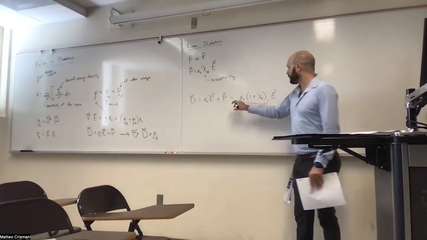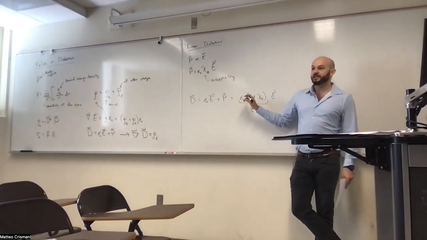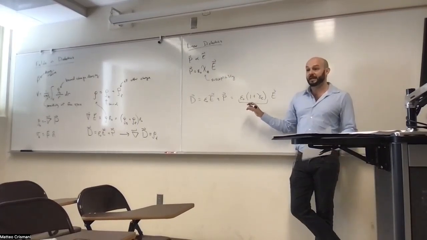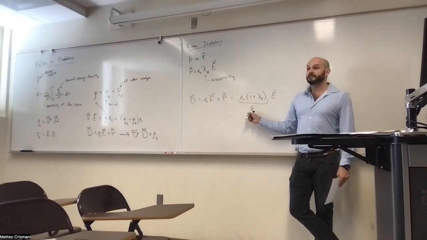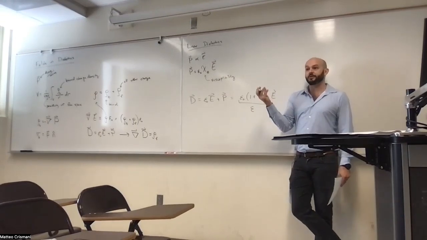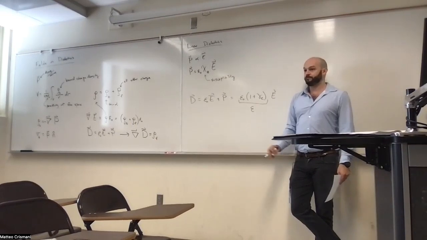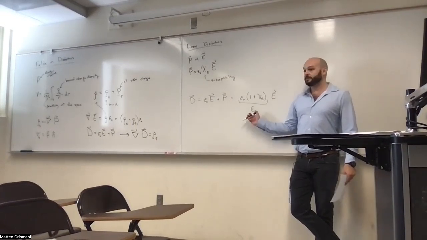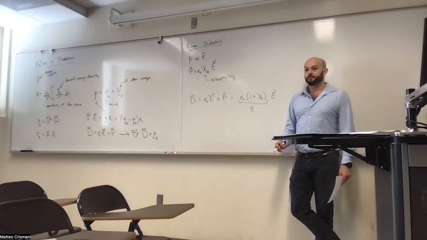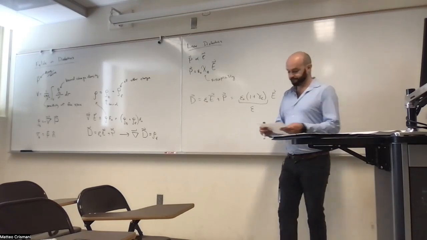Before, we said epsilon was the permittivity of free space. Now we realize that in a dielectric, inside of a material, it's not free space. So we drop the naught, and we just say the permittivity.